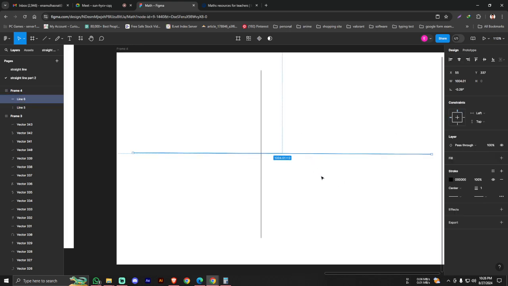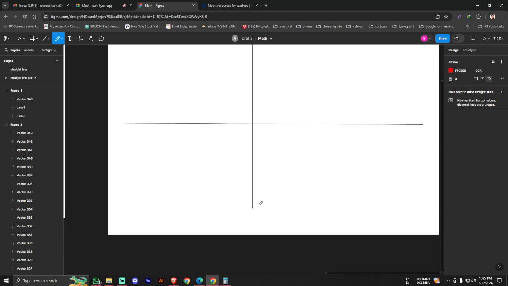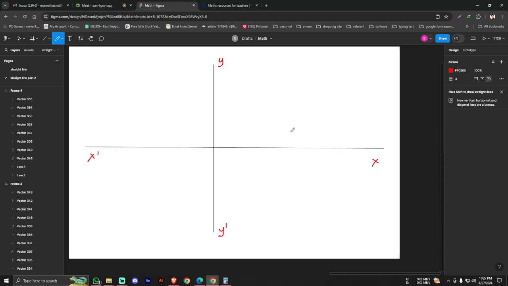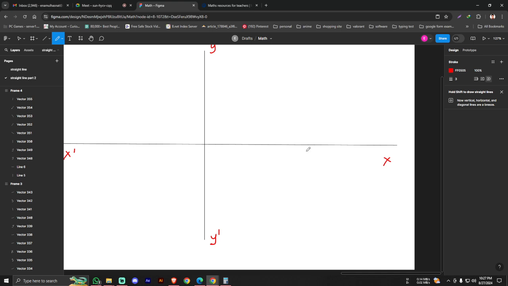See how the x axis is on the horizontal line? This is the y axis, this is the x axis, right? So on graph paper, the x axis is always represented as the base, the horizontal line.